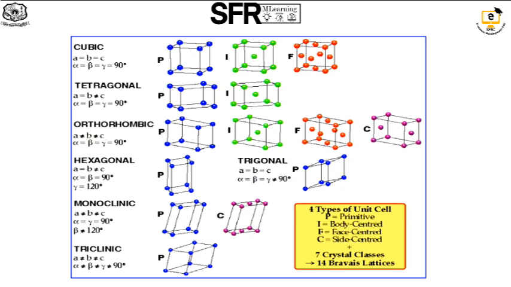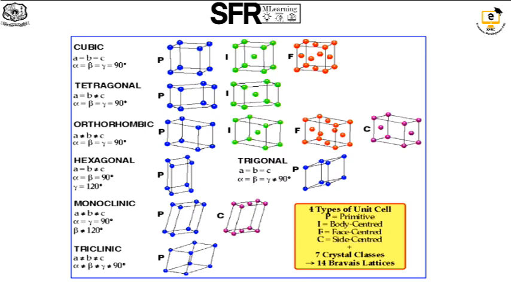In the hexagonal system, we find the angles alpha and beta are equal to 90, but the gamma value is different, 120 is observed. In the monoclinic system, alpha and gamma have the same value, 90, but beta is different.